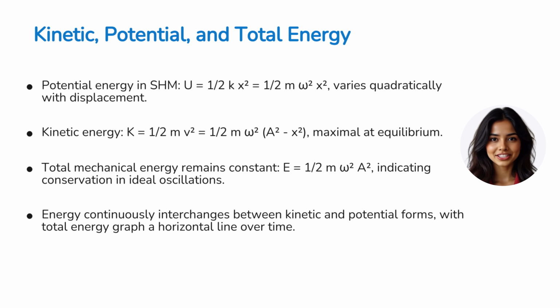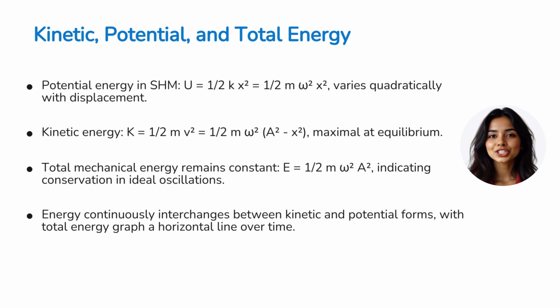The beautiful part is that the total mechanical energy, which is the sum of kinetic and potential energy, remains constant throughout the motion in an ideal system without friction. Mathematically, this is E equals 1/2 m times omega squared times A squared, indicating the total energy depends only on the mass, angular frequency, and amplitude.